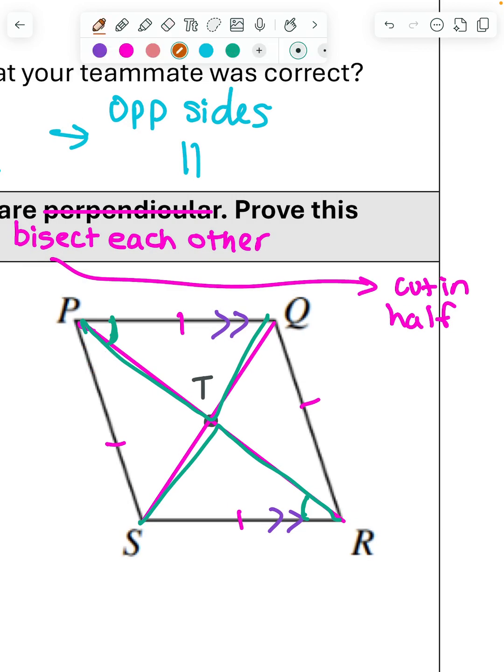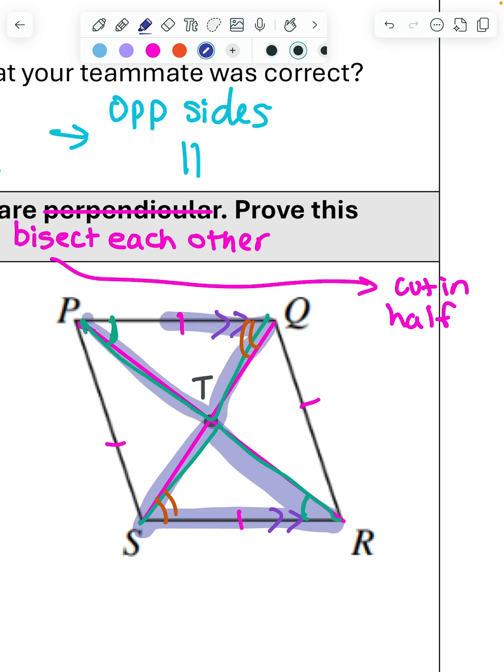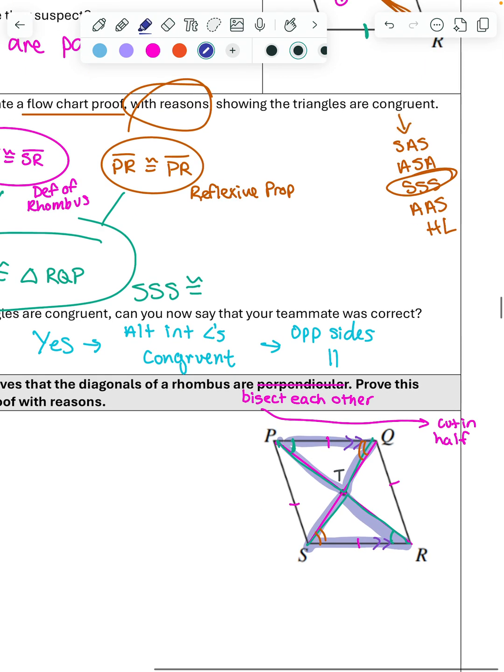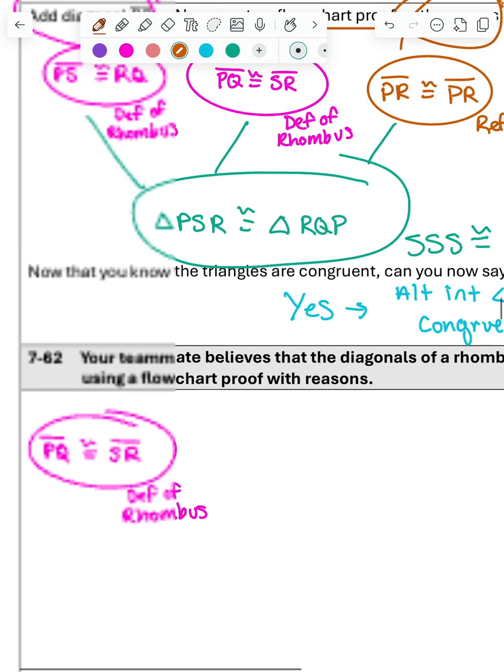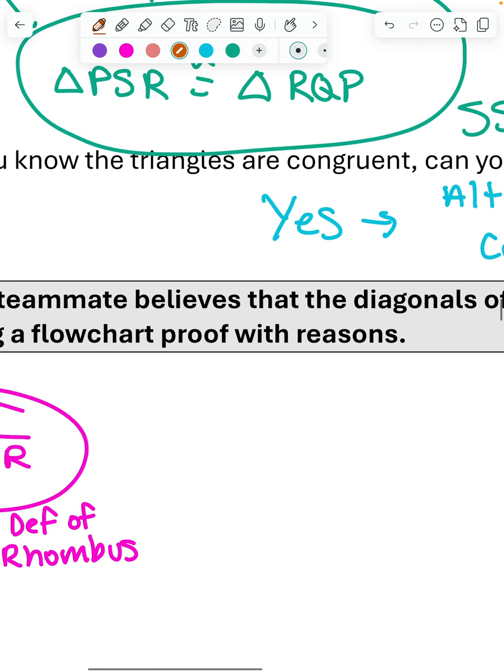I'm going to talk about how this pair of alternate interior angles are equal so that I now have a triangle with angle side angle congruency and another triangle with angle side angle congruency. So my first set of alternate interior angles that I'm saying are congruent is angle PQT.